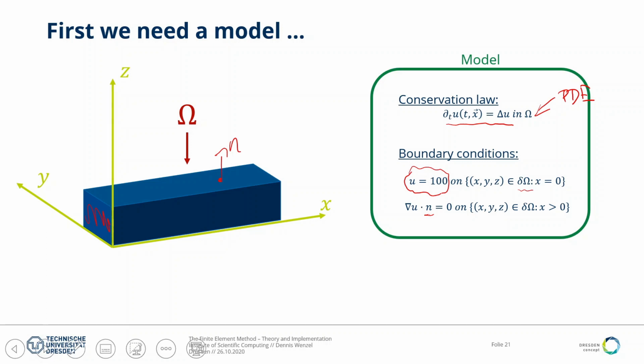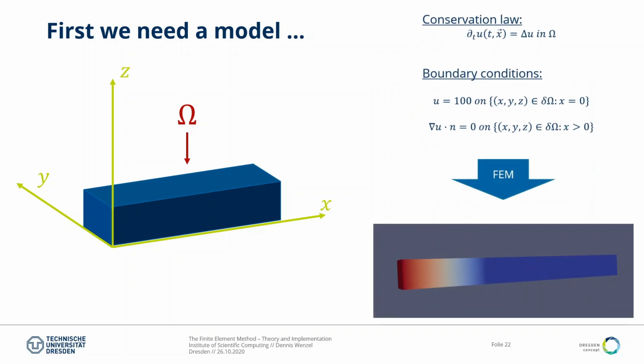And if we do that, FEM gives us results. So what I've done here in this image is I have implemented this conservation law with these boundary conditions in a finite element software, one that will be written in this semester. And then I have visualized the temperature profile.